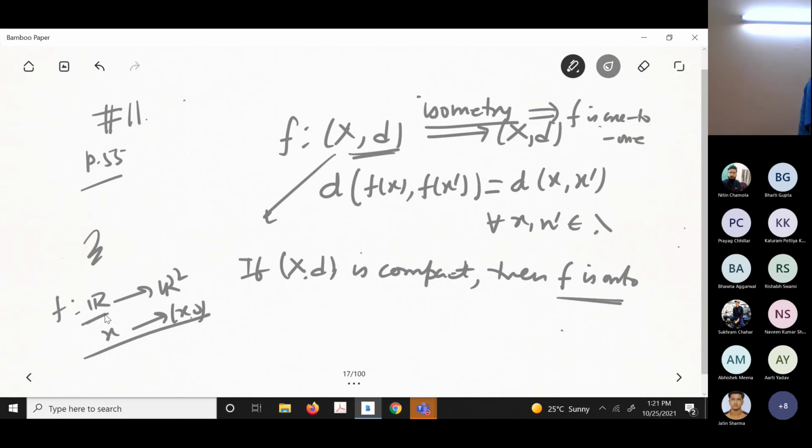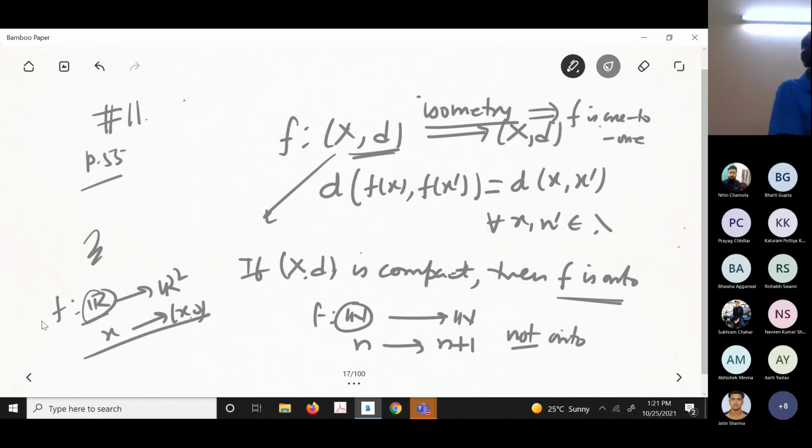Look here, R is not compact, and f is not onto. In fact, a simpler example I am giving you: if I take N to N with the usual distance, but I am taking n to n plus 1, this is not onto because 1 doesn't have a preimage. But it's an isometry, because N is not compact. So that is the importance of the problem.